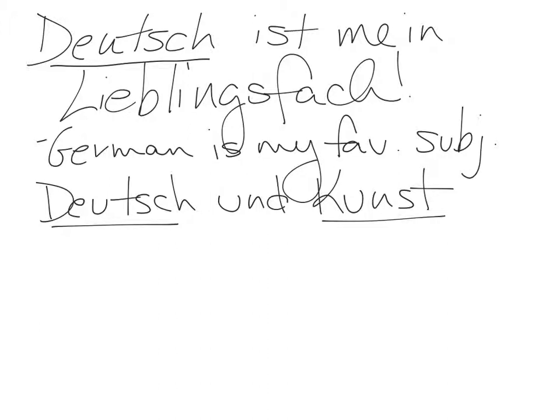Not ist? Because then you'd be saying German and art is my favorite subjects? Sind. Mm-hmm. Good. Now what? Meine. Why is it meine instead of mine this time? Plural. It's plural. Good. And your last word? Lieblingsfächer. Fächer. Okay.